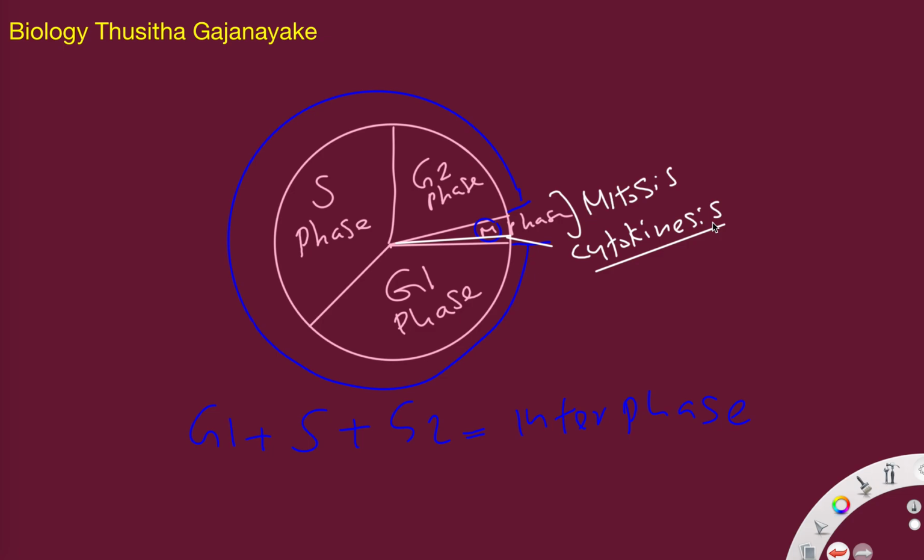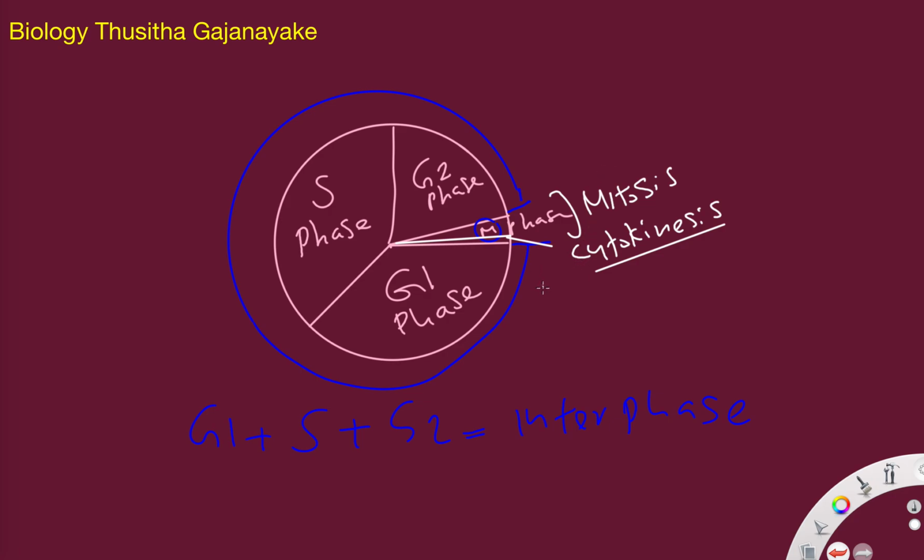Now these are the stages of the cell cycle: G1, S phase, G2, M, and cytokinesis. When you look at this cell cycle, the blue colored round part is quite a long period of time. But M phase followed by cytokinesis is a short period of time.